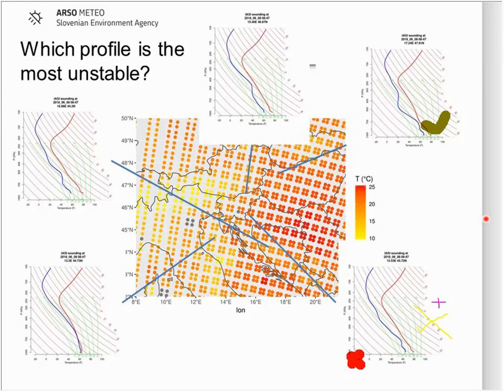Any more guesses? We have 4 now. 6, 7. If you want, maybe you can write into the chat some comments, why you chose these two profiles.